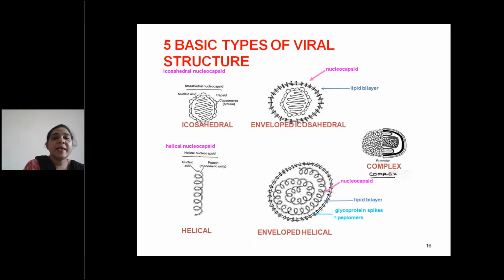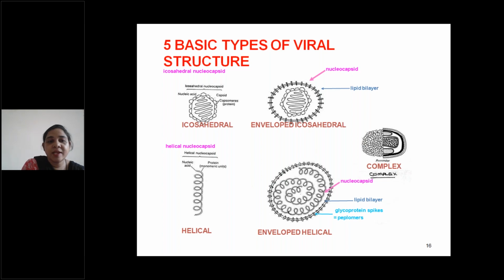Next one, 5 basic types of viral structure. Can you see this? These are 5 basic types of viral structure: icosahedral, enveloped icosahedral, complex, helical, and enveloped helical. See, icosahedral and enveloped icosahedral.